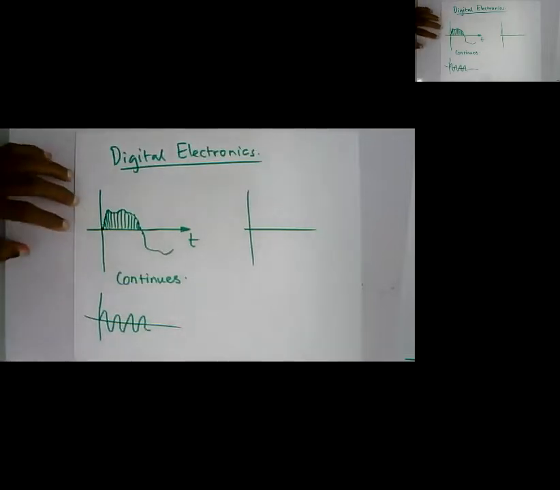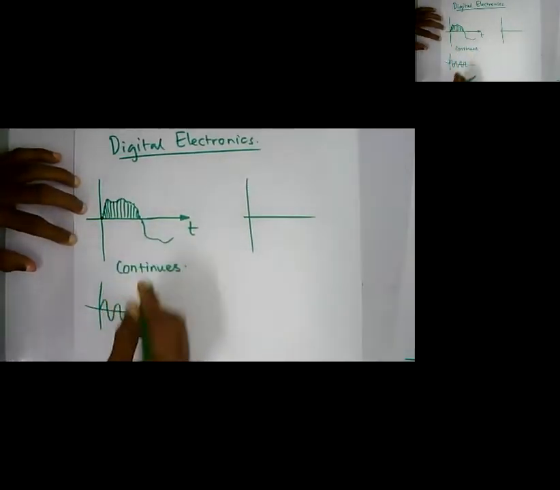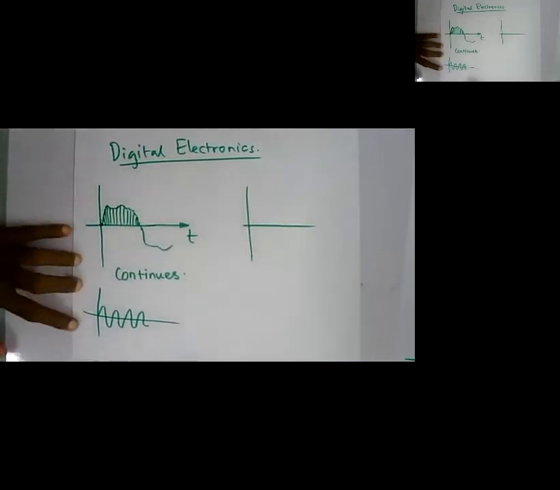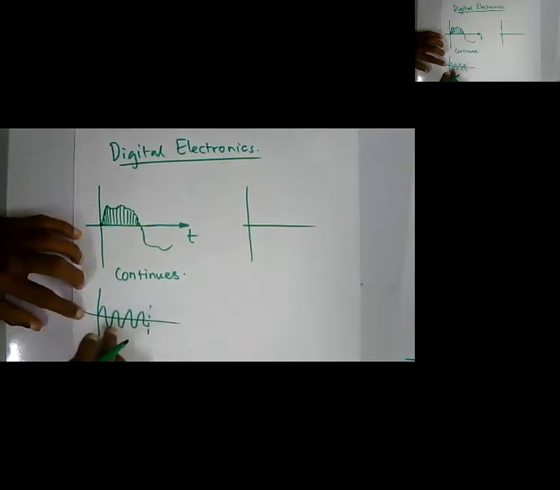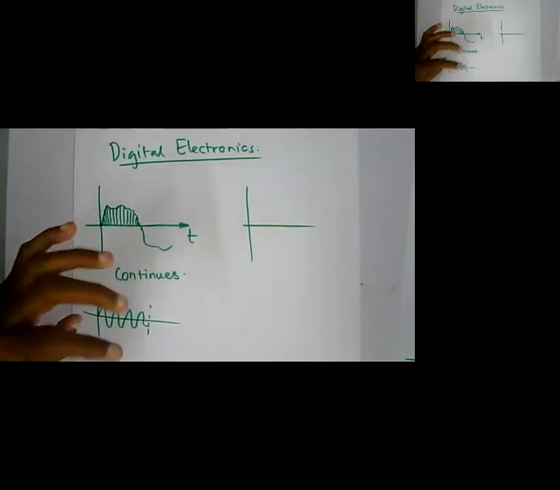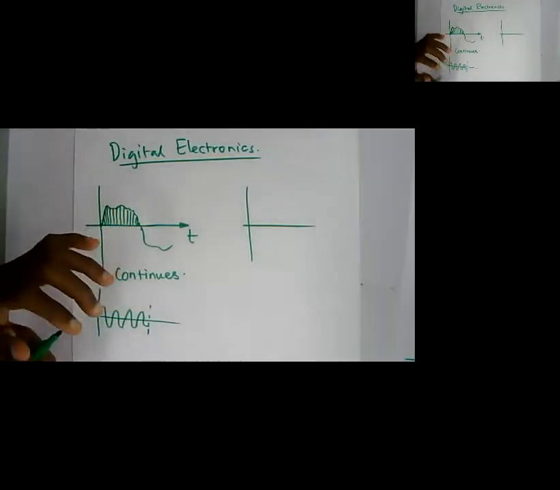So these are all called analog signals, and these are called periodic signals. It repeats. We have seen a lot of this in our first chapter.